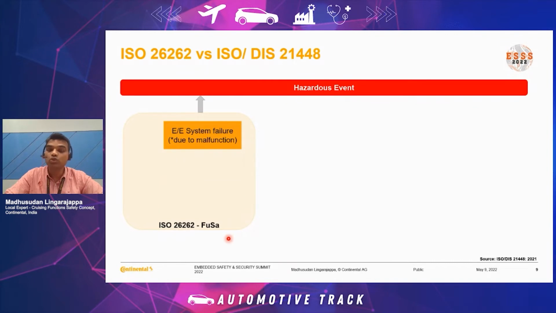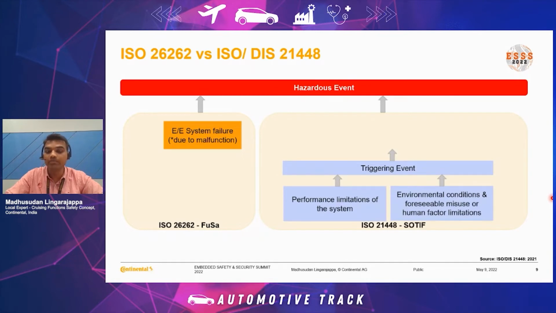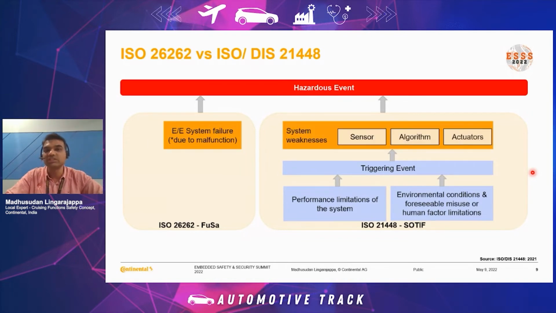So ISO 26262 addresses such hazards, whereas ISO 21448 addresses the hazards which are caused due to triggering events due to any performance limitations of the system because of any environmental conditions or by any foreseeable misuse caused by human factors limitations, which cause system weaknesses and lead to limitations of the sensors, algorithms, and actuators, which lead to hazards. So the SOTIF standard addresses such hazards.